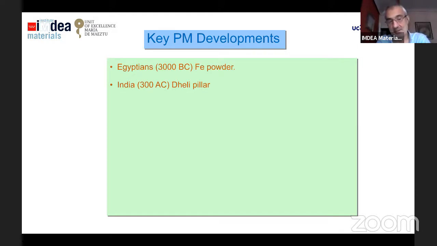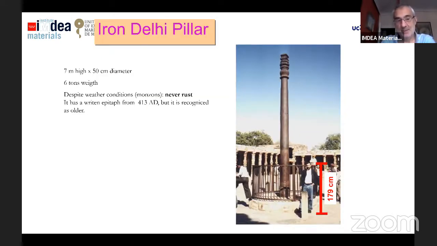This was 300 years after Christ, and in this case the Delhi pillar was built more or less in the year 413, and there are some inscriptions you can find on the basement of the pillar. This pillar is 7 meters high, about 15 centimeters in diameter, and its weight is in the order of 6 tons.